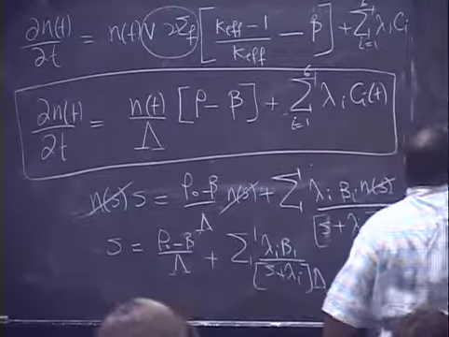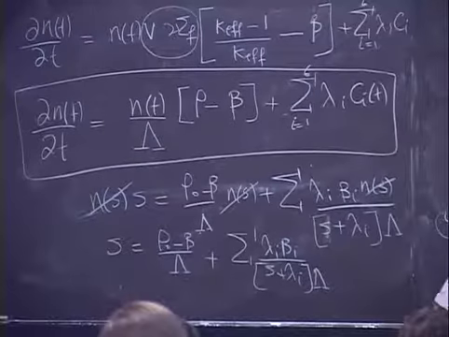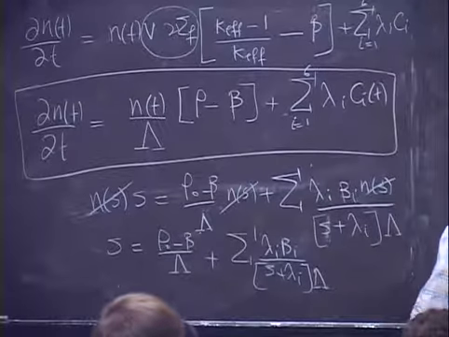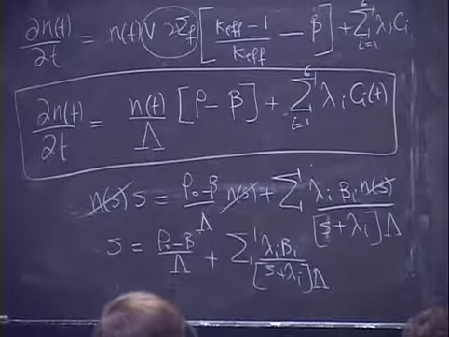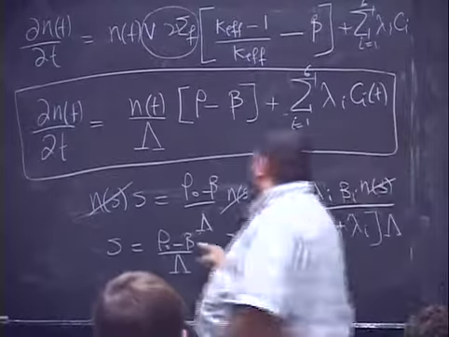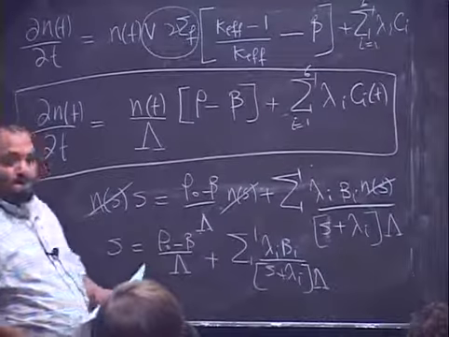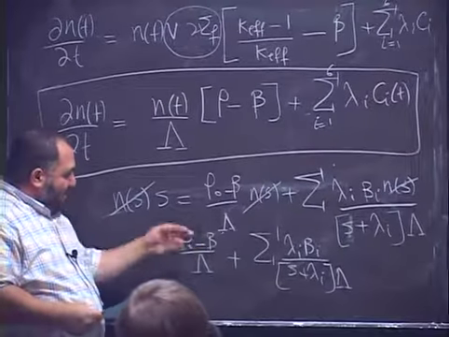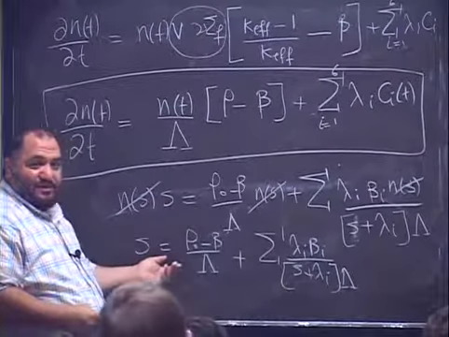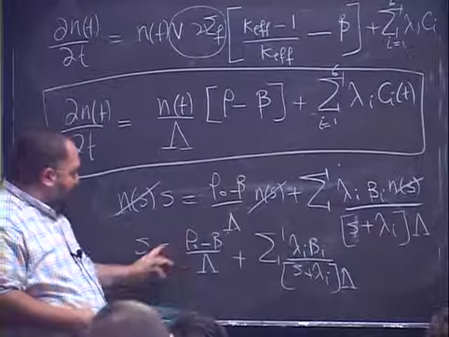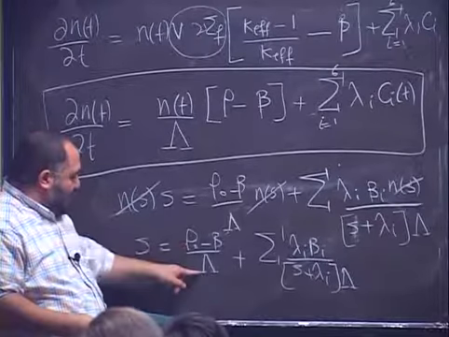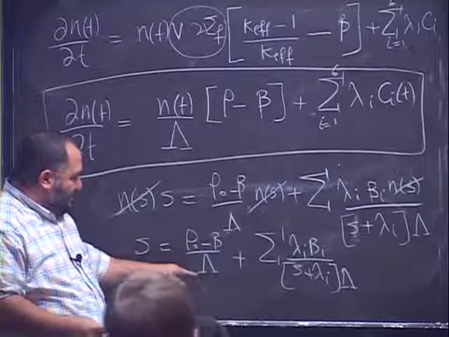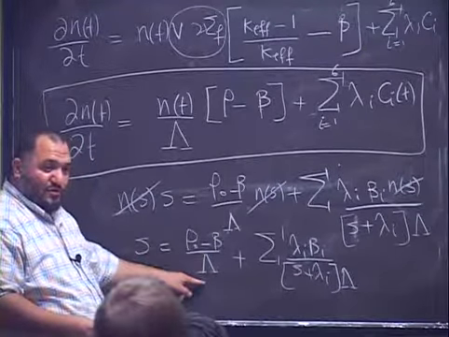Now I can take this beta. What's beta? Beta is the summation of beta I. Yes? So I can say S equal to rho naught over gamma minus beta over gamma, but beta is the summation of what? Beta I over gamma.